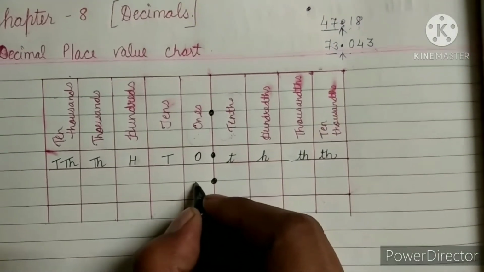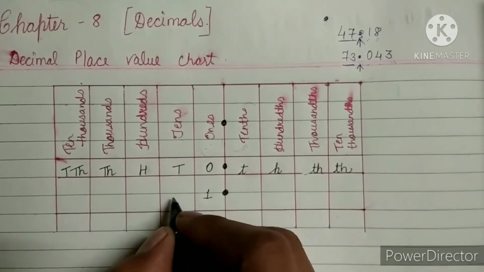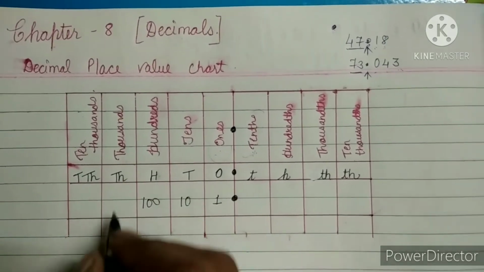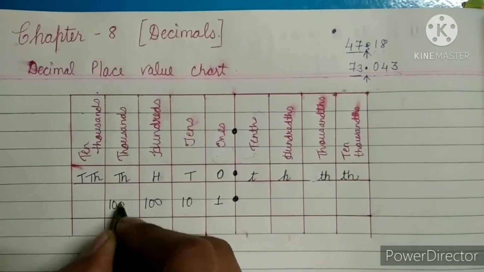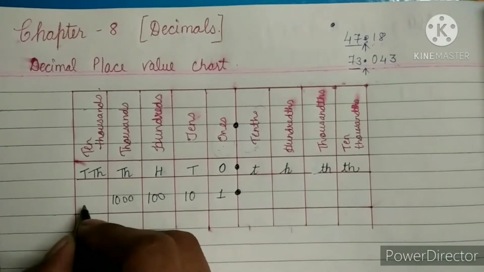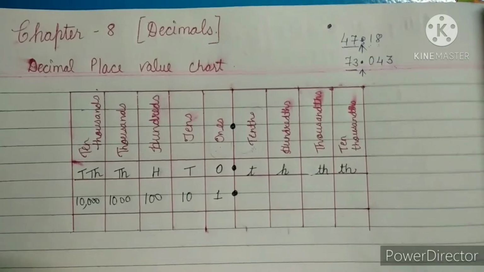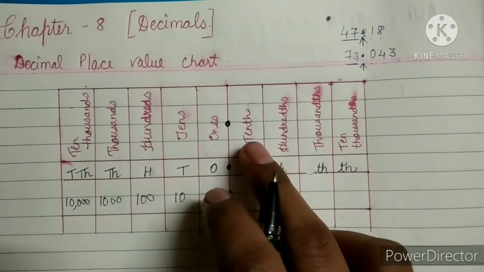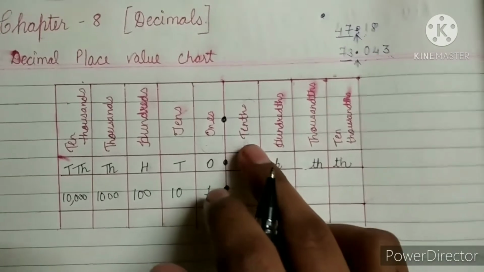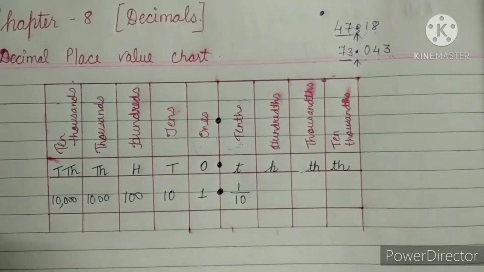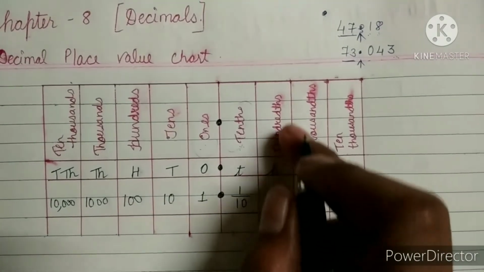You know ones will be called 1, tens 10, hundreds 100, thousands 1000, and here 10,000. But here we have tenths. It means 1 is divided by 10. Here hundredths.